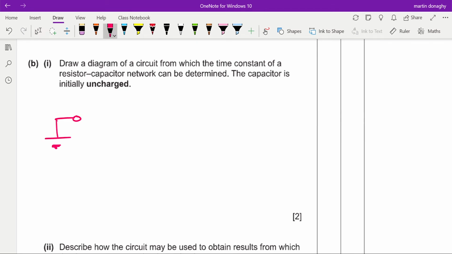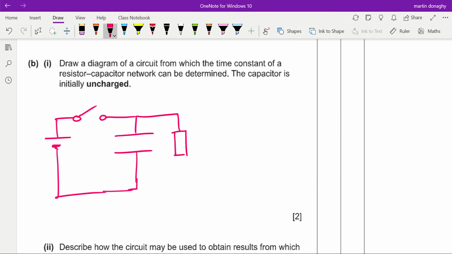So they have a switch that is connected to our capacitor. We then need something to discharge through, so we have a little resistor, and then you need something that will measure either the current or the voltage across the resistor or the capacitor or through either of them.